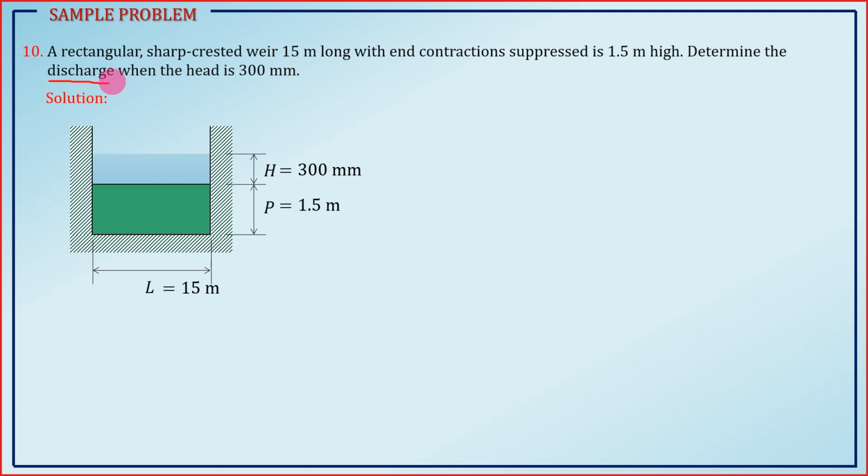So in this problem, discharge yung pinapahanap. Di ba, meron tayong dalawang equation for the discharge. That is, Q is equal to CW L times H plus HV raised to 3 halves, minus HV raised to 3 halves.